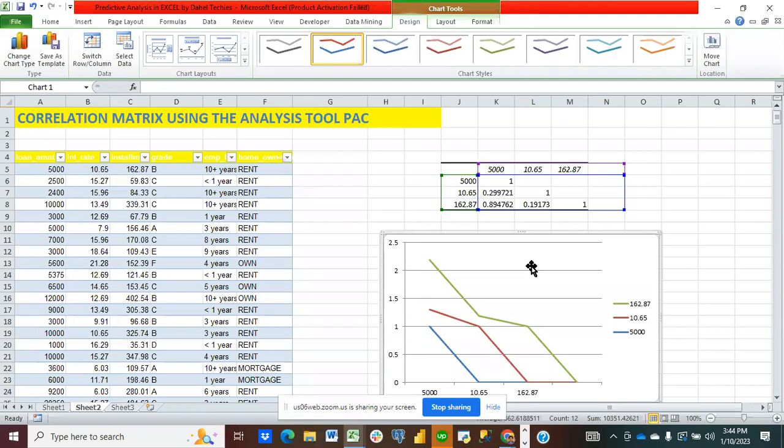For the first one, the loan amount starts from 5,000. For the interest rate, the base is 2.87. What else can I deduce from that?